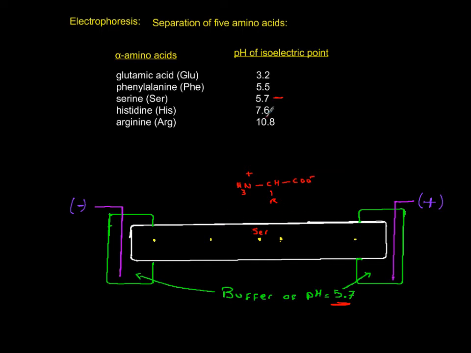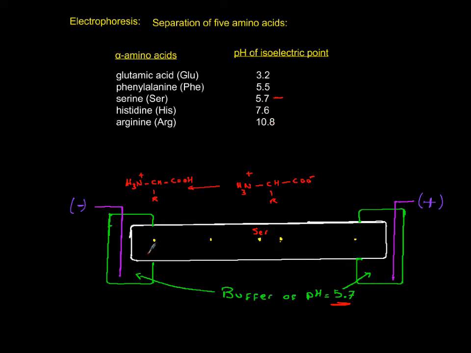Now, if you look at those that are 7.6 and 10.8, which are bigger than your buffer, in this case the buffer is going to behave as an acid and donate its H to COO-. So in this H here, you are going to have a positive charge which is going to be attracted to the negative electrode, because your buffer is acting like an acid by donating a H. Therefore, there is only a positive charge.